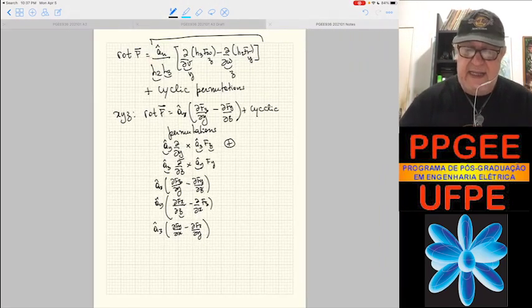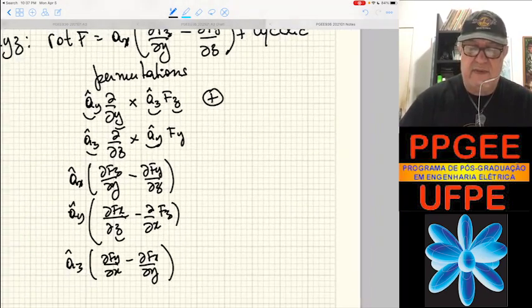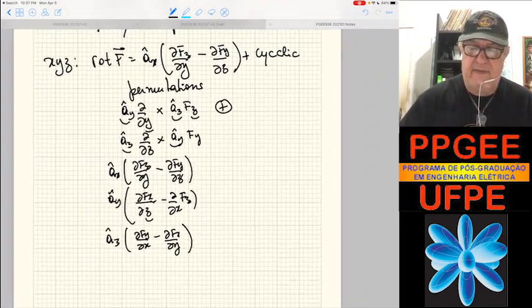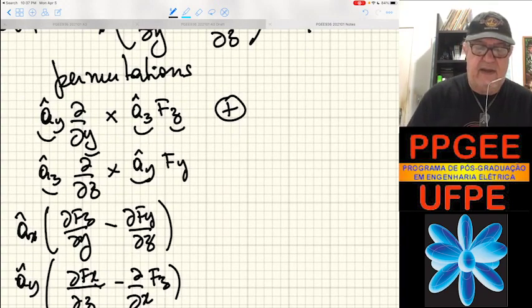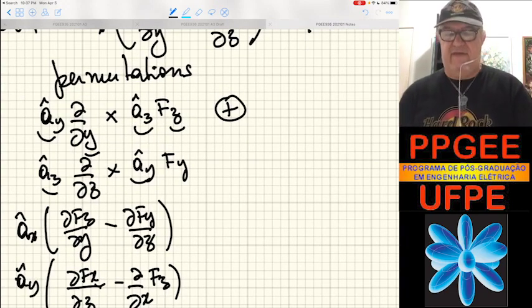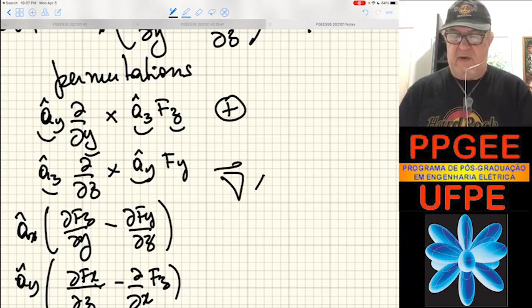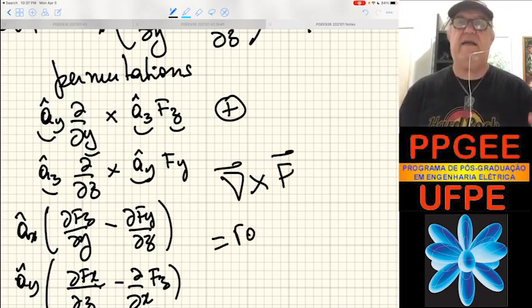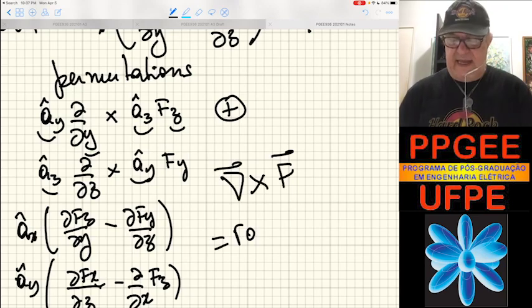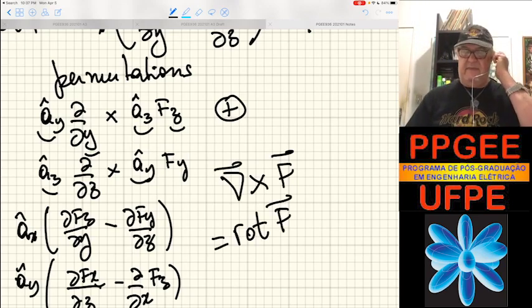So you see again that we are picking the components of nabla vector and making the cross product with f, and this is in rectangular coordinates exactly equal to the curl of f. Right?